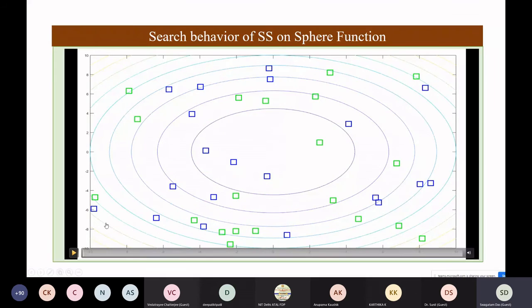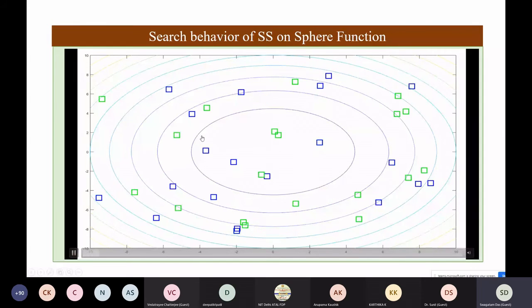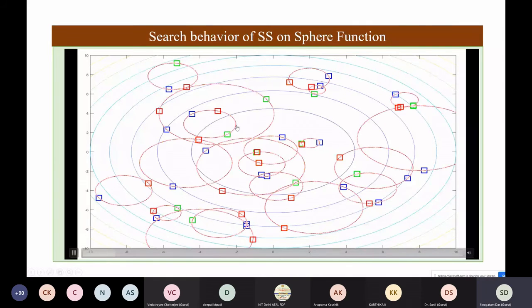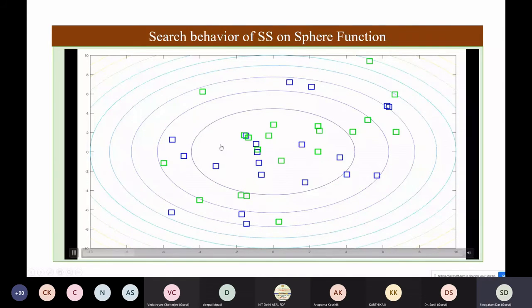Initially you have only the blue points, and then gradually the green points are being developed. Then along the spherical trajectory, new points are developed, and the selection mechanism is taking place.